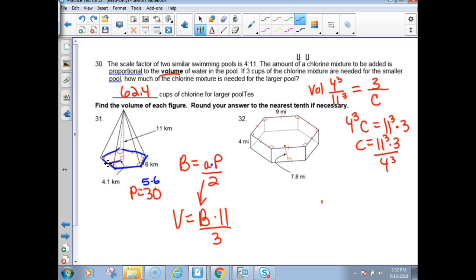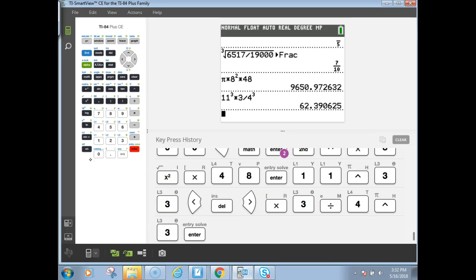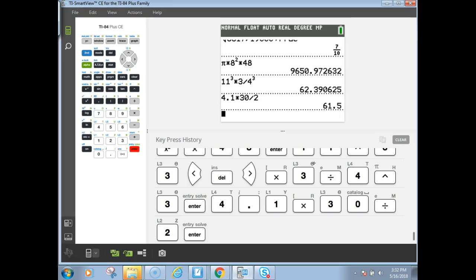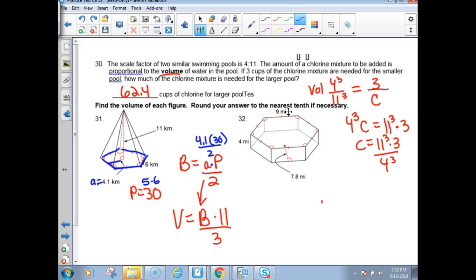The apothem is 4.1, so I'm going to pop in 4.1 times 30 divided by 2 to get my base area. That is 61.5, so I'm putting in 61.5 now.